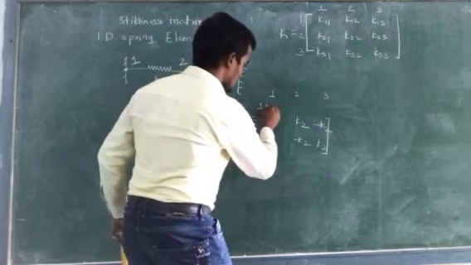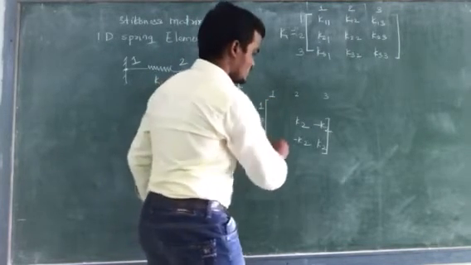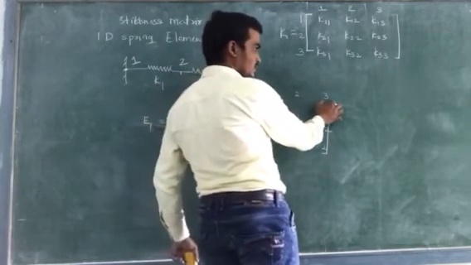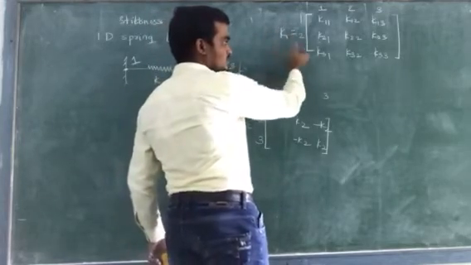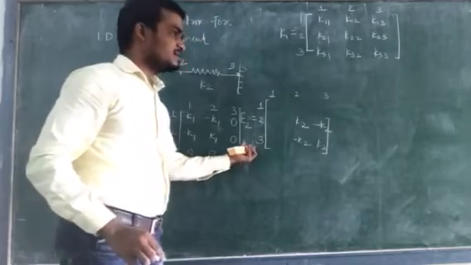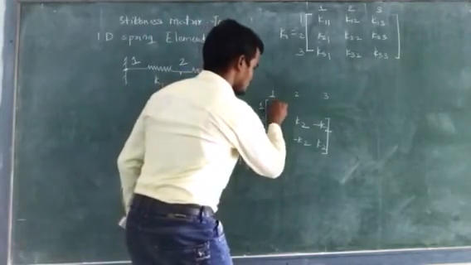Okay, so you can write, actual elemental stiffness matrix is in between node 2 and 3. But for the purpose of constructing the global stiffness matrix, we are writing this elemental stiffness matrix in a 3 by 3 form. So it will become 0, 0.